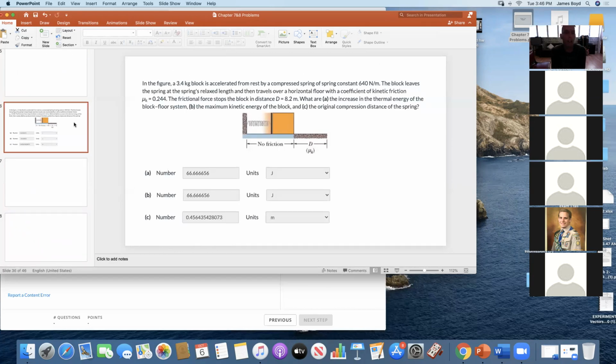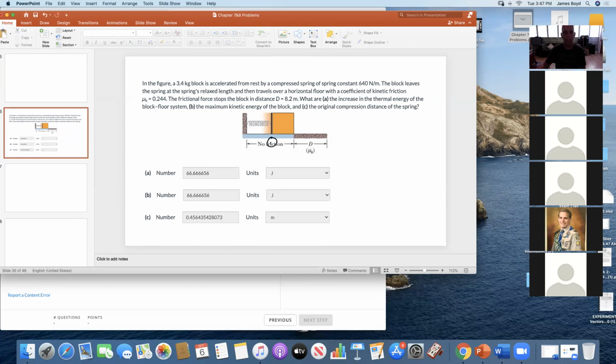All right, now we have to deal with friction. Actually, in the next 2, and those are the final 2 where we do some potential energy, we have friction. These are a little bit harder. So we're told there's a block that's accelerated from rest by a compressed spring. It leaves at the spring's relaxed length.